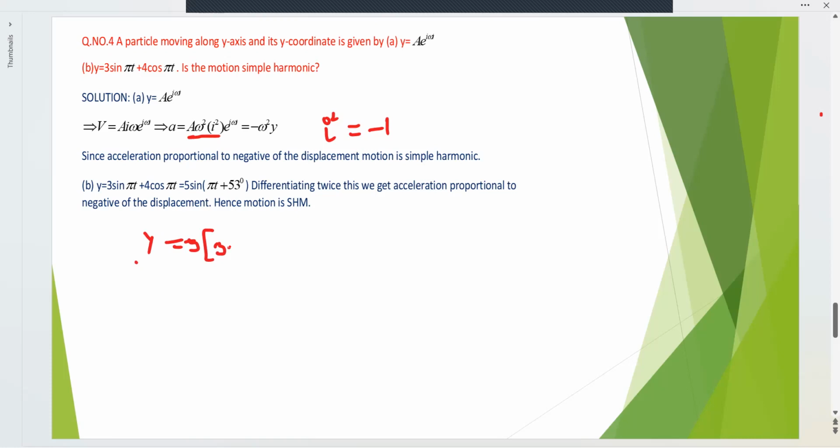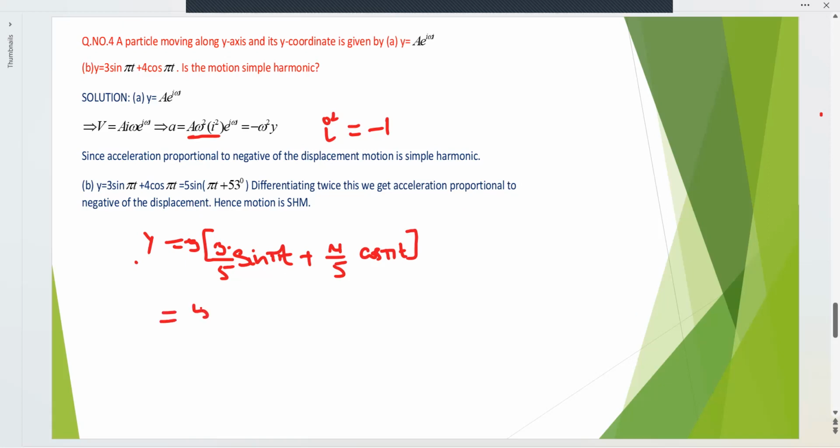3 by 5 sine pi t plus 4 by 5 cos pi t, right? Okay. Now what's the next step?